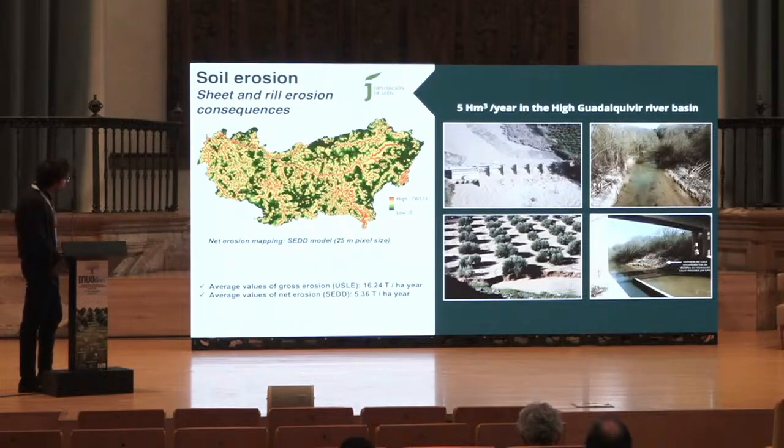And we can also explain the off-site effect of erosion, or why the soil erosion at the plot level can affect the whole basin, the reservoirs, the river dynamics, and other dangerous effects in the basin.